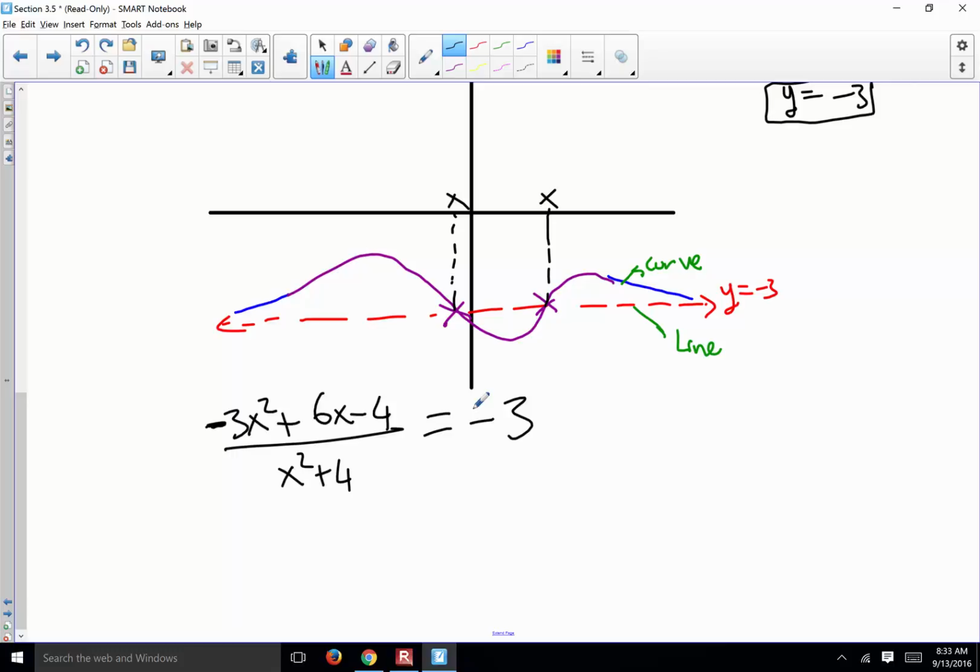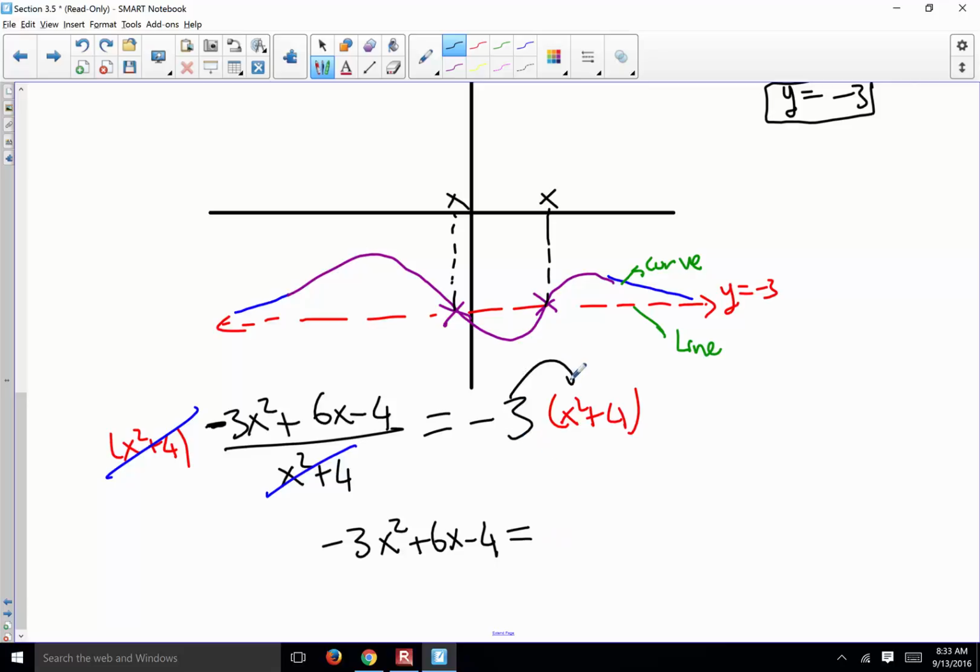Can you multiply it with the denominator? Yeah. Anytime you see an equation with denominators, your first task should be to clear those denominators. So I recommend multiplying both sides by x squared plus 4 so that these can wipe each other off. We will have the top of the numerator on the left, and on this side you need to multiply this through and get minus 3x squared minus 12.